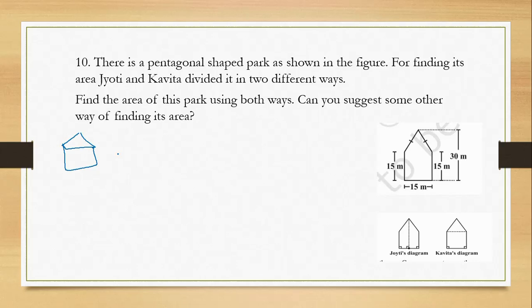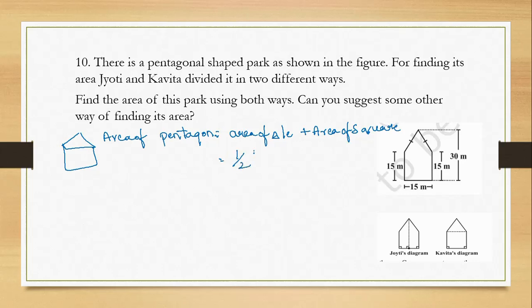We know that the area of pentagon is equal to area of triangle plus area of square. Okay, so we know the area of triangle formula is half into base into height, and this is square.